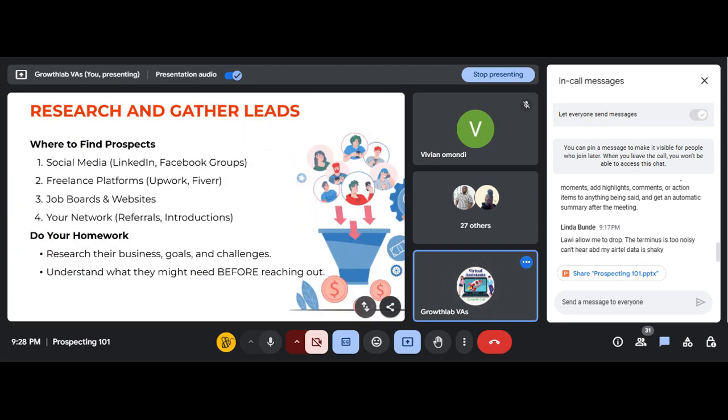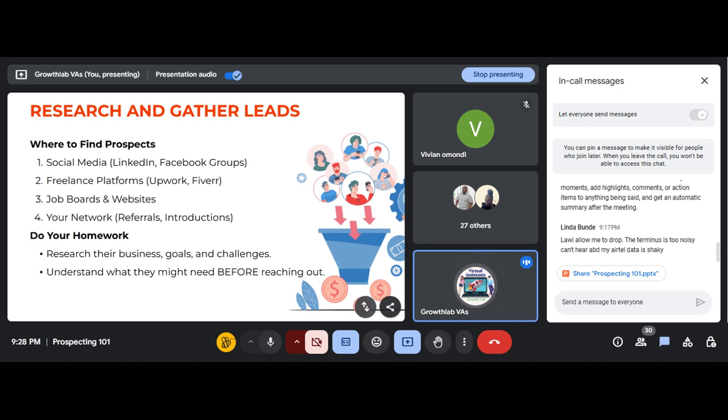Now, once you have that foundation, you already know the service you're offering, you know the clients you want to serve, you've done your personal branding, you have the systems in place. So, for example, right now as we talk, you should have a contract template. You should have good quality portfolio items.